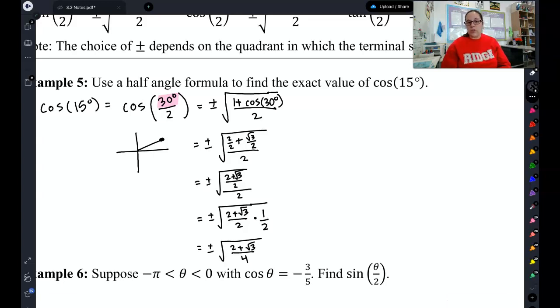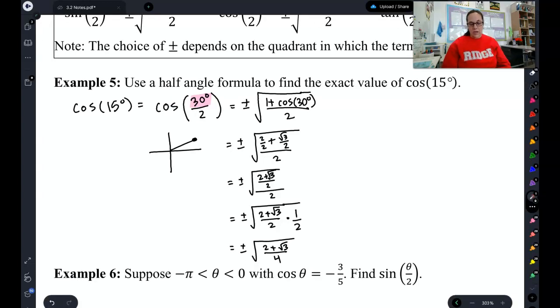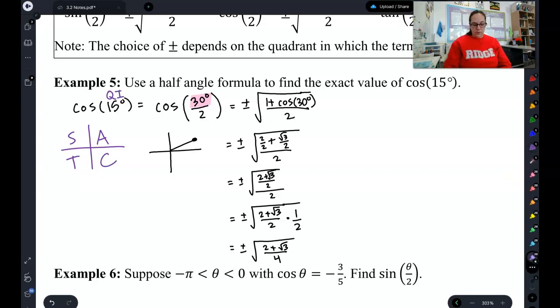Now let's talk for just a moment about the plus and minus. The plus and minus is there so that you can determine what quadrant this angle's in. So we go back to the angle we were finding. I was finding 15 degrees. 15 degrees is in quadrant 1. So that's going to be right here.